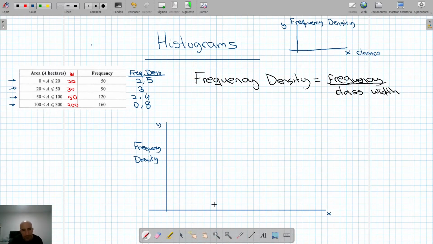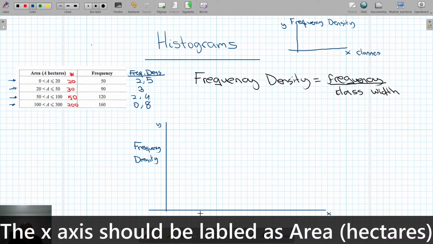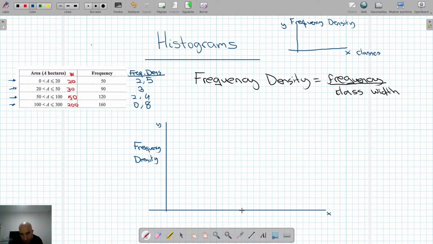We have to divide each axis so that we can represent each one of them. The x-axis has to be something between 0 and 300. So we can have 20, 40, 60, 80, 100, 120, 140, 160, 180, 200, 220, 240, 260, 280, 300.